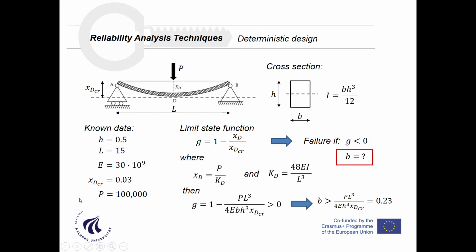And when we replace the numerical data into this expression, we can obtain, for example, that the value B, in order to satisfy our design requirement, needs to be larger than 0.23.